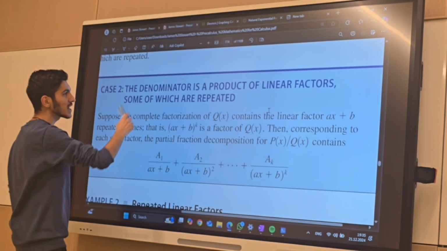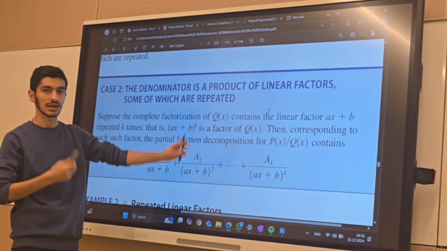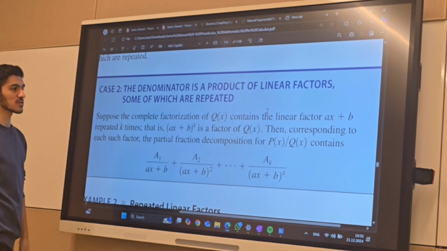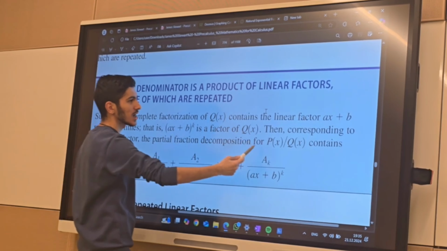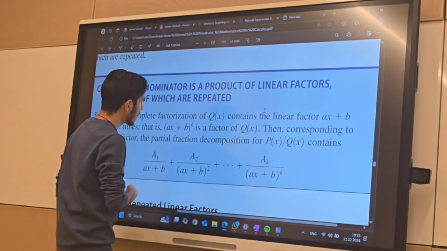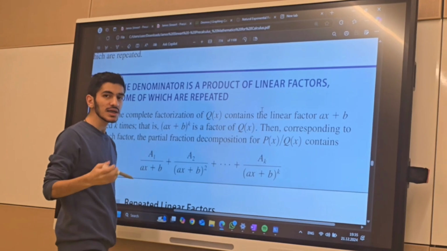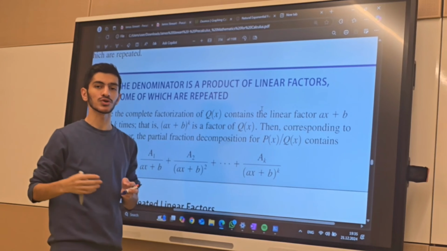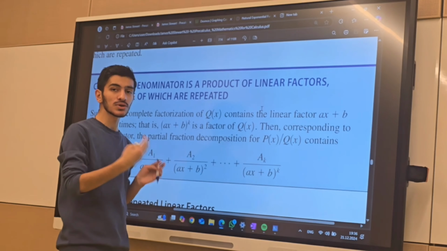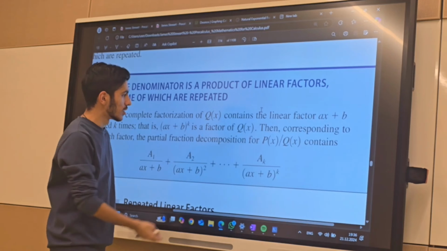Case 2: the denominator is a product of linear factors, some of which are repeated. Suppose the complete factorization of q of x contains the linear factor x plus b repeated k times. That is, x plus b to the power of k is a factor of q of x. It means you have 2 roots or 3 roots, and if these roots are repeated k times, consider all of them.